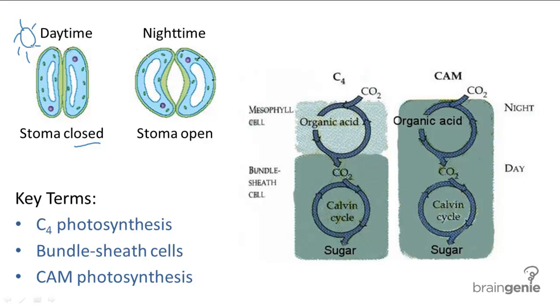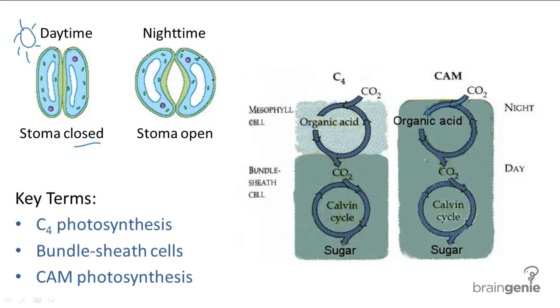And just like C4 plants, CAM plants have an extra cycle before the Calvin cycle that incorporates CO2 into an organic acid. But unlike C4 plants, the CAM plant isn't incorporating CO2 into an organic acid because of a higher affinity for CO2.